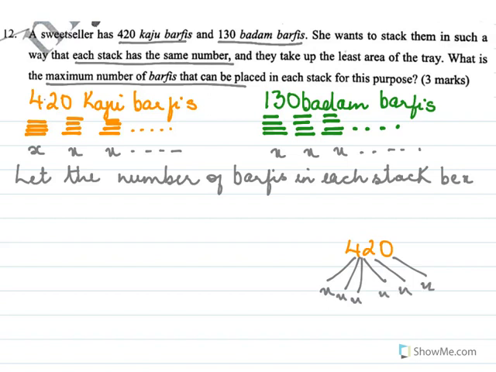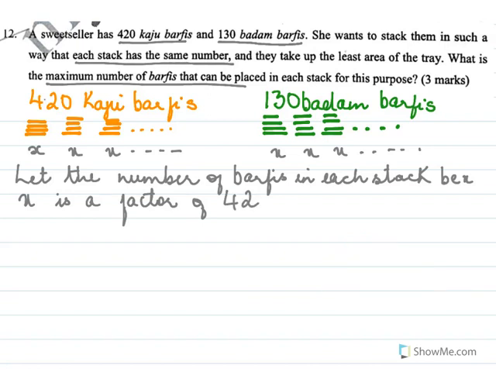So you know that x is a factor of 420, and the 130 burfis also have to be divided into many stacks like this, equal number of stacks, which is x.